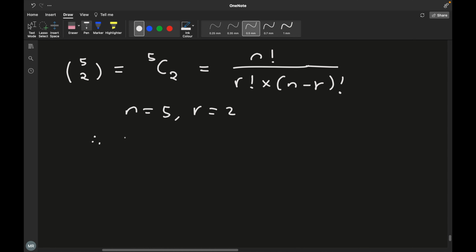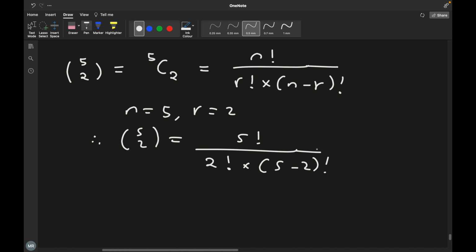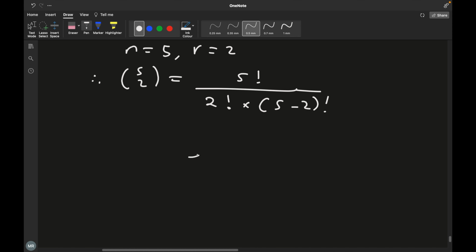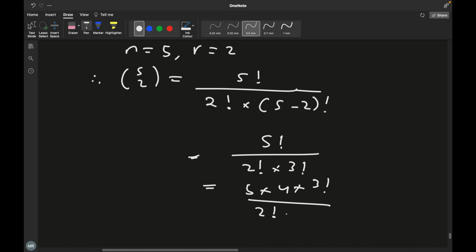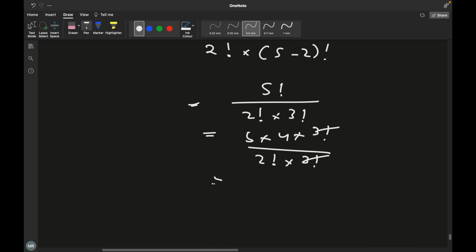Therefore, this would be 5 factorial divided by 2 factorial into 5 minus 2 factorial. We can write 5 factorial divided by 2 factorial into 3 factorial. 5 factorial would be 5 into 4 into 3 factorial, divided by 2 factorial multiplied by 3 factorial. These get cancelled out. We can simplify this to 5 into 2, which is 10. This is the answer.